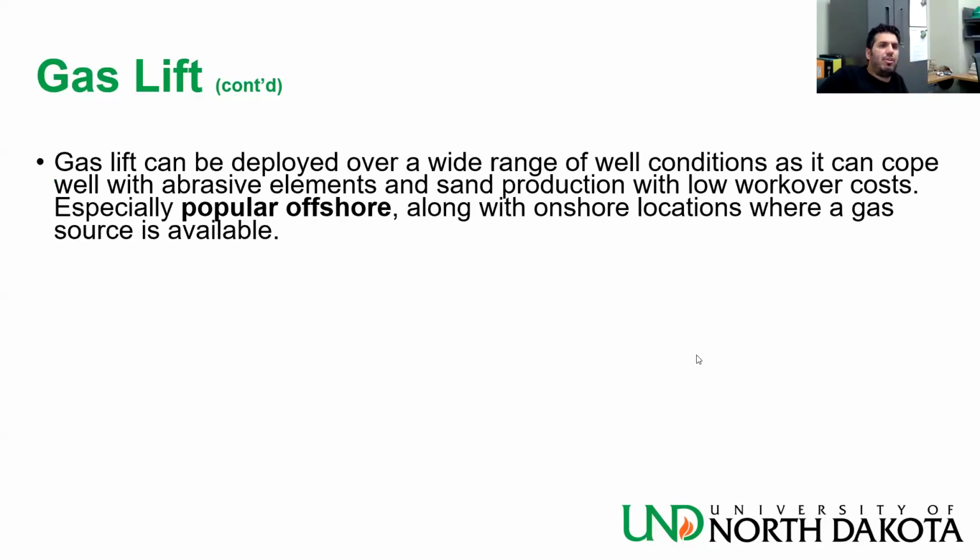Gas lift can be employed over a wide range of well conditions, as it can cope well with abrasive environments and sand production with low workover cost, especially popular offshore, along with onshore locations where a gas source is available. It could be gas coming from the same well.